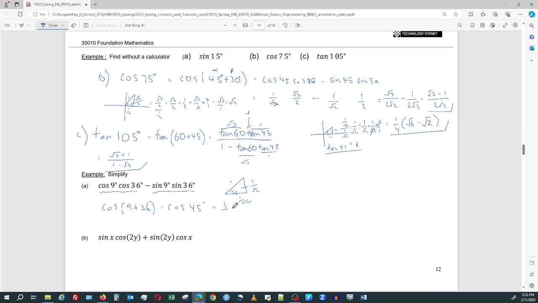1 over root 2. Now often, not always, but often 1 over root 2 has been rationalised. So that means multiplying by 1. And the form of 1 is to take the rationalised form.